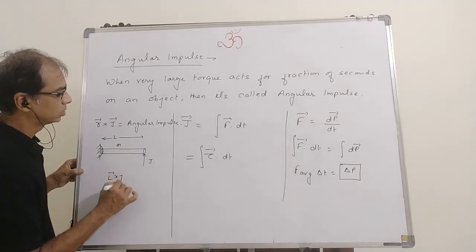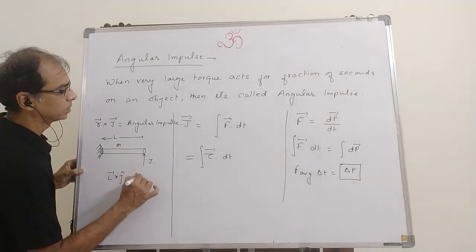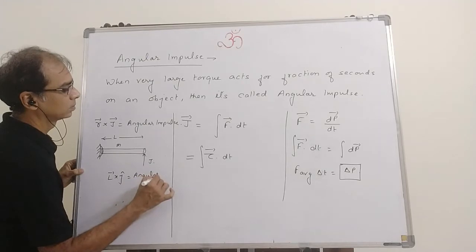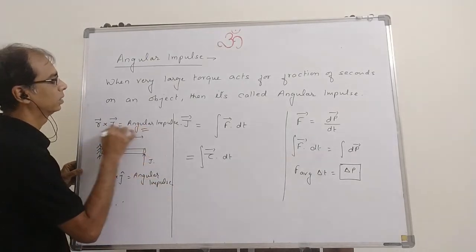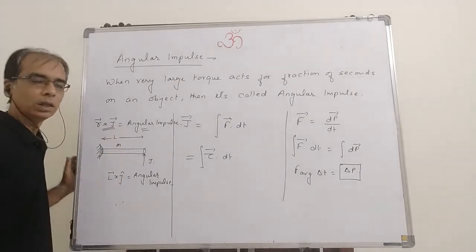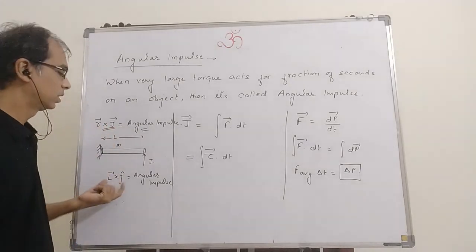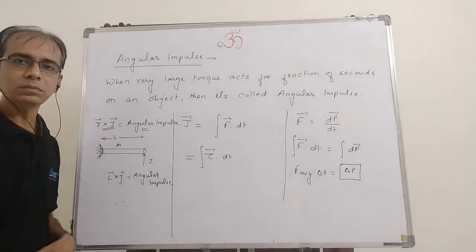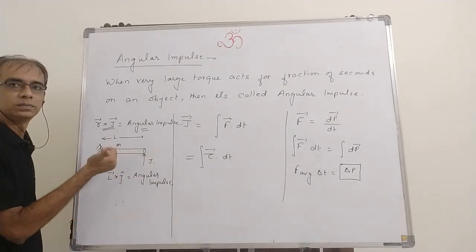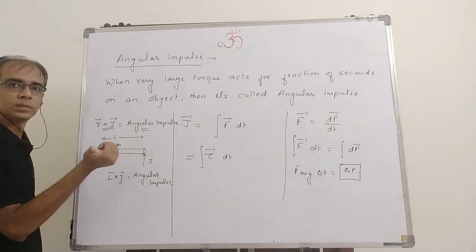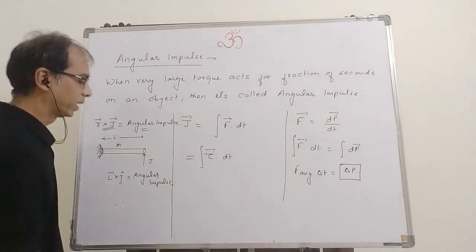L cross J is angular impulse. Okay, that's what I have to tell you here. R cross J means basically what? L cross J. Which direction is that? What is the direction? Towards you. Okay? Towards you.